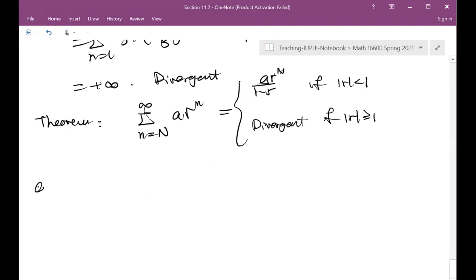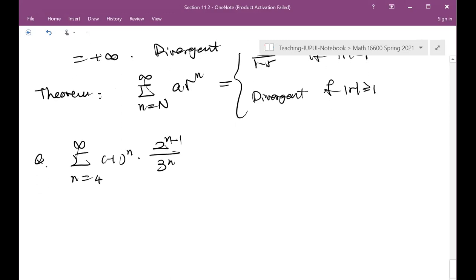Okay, let's do one more exercise. Start from 4, and that is going to be negative 2 to the n minus 1, over 3 to the n.